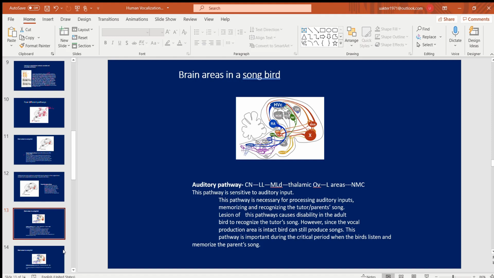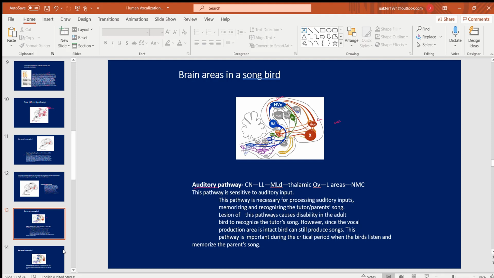Okay, there are two other pathways. One is the auditory pathway, and this picture is more complicated than the one I showed you before, because here you can see by blue and red those two connectivities I showed you before.